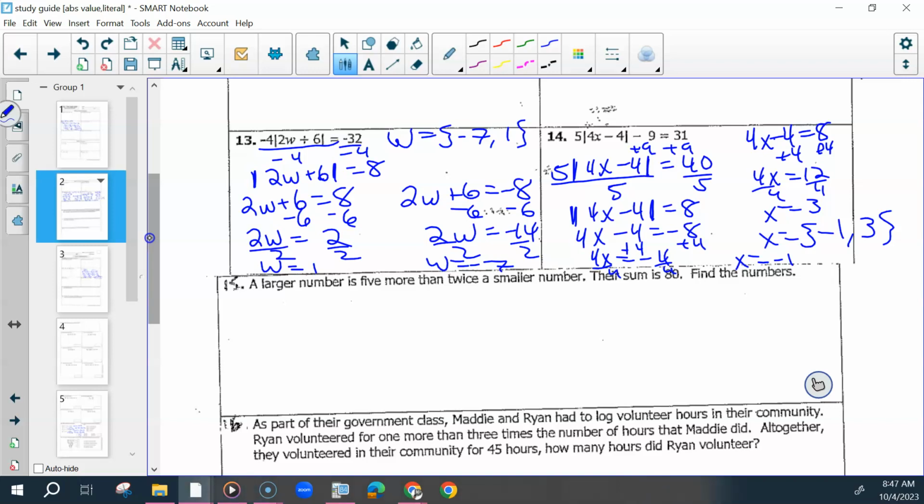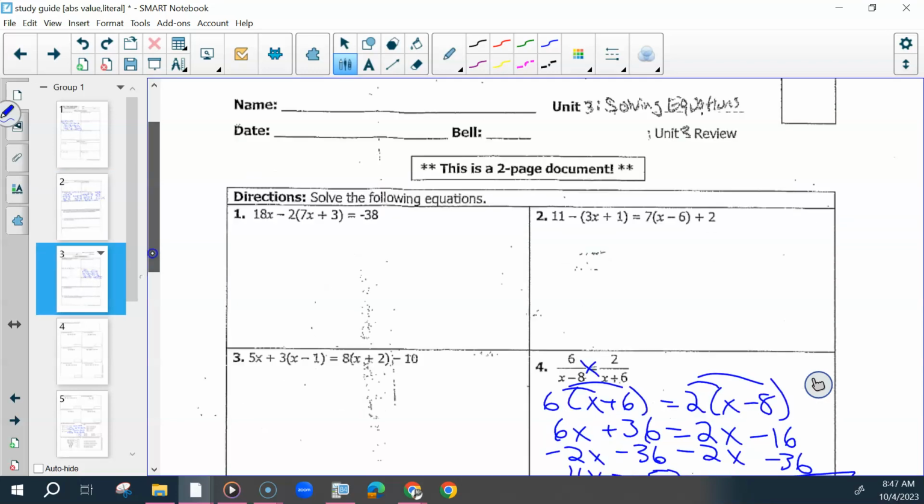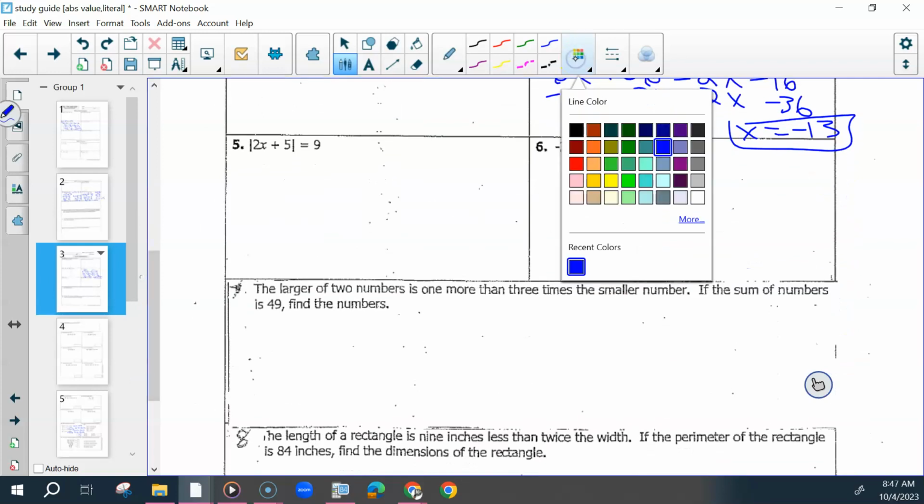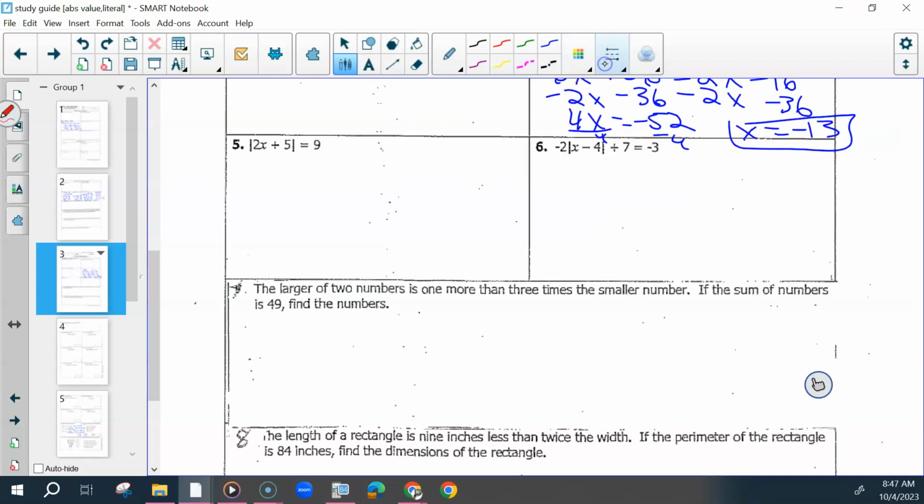On the next page, numbers 5 and 6, Rose, do you still want to do 6? So for number 6, we would subtract 7.